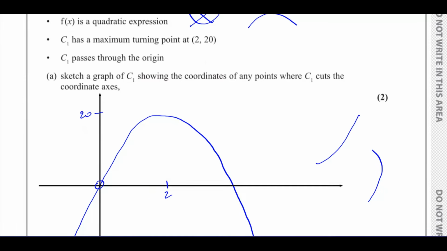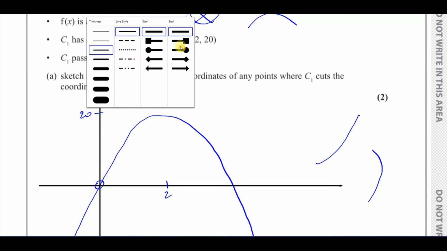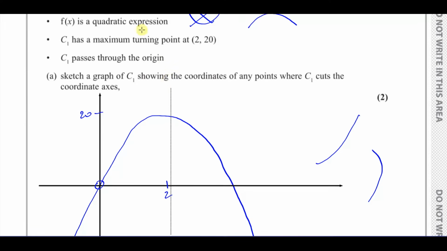This is called a line of symmetry. The line of symmetry passes through the vertex. Therefore, we know that it crosses here, because it's symmetrical. If that's 2 units, that's going to be 2 units, that's going to be 4. So that's a nice way of drawing the curve.